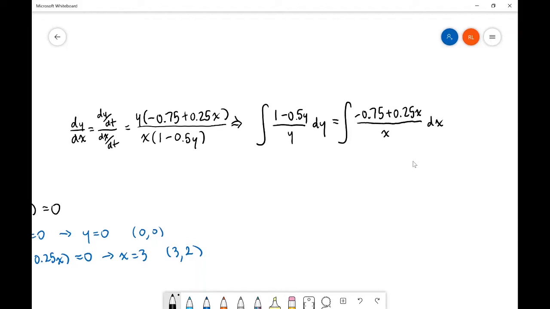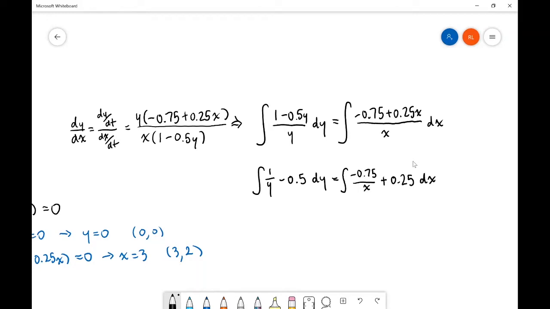Now we can rewrite this a little bit differently as 1 over y minus 0.5 dy is equal to negative 0.75 over x plus 0.25 dx.